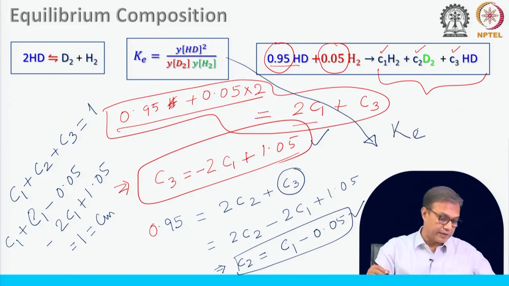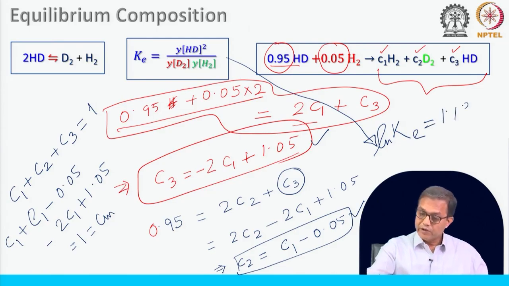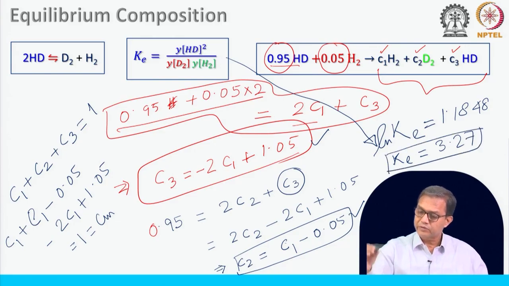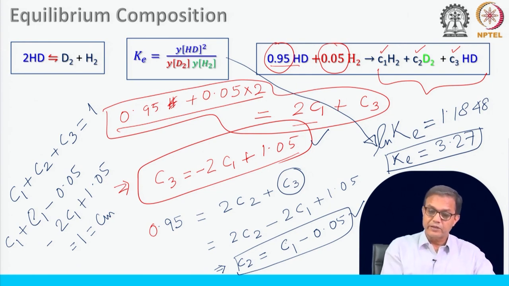As I said, KE would be known. In this case KE is given in the form of ln KE equals 1.1848, so that KE can be taken as 3.27. In that case we will have another equation.